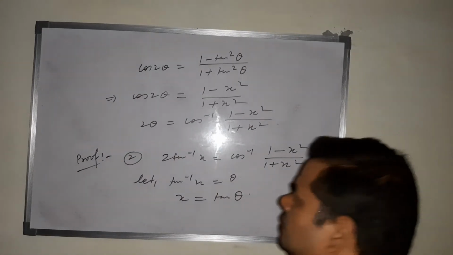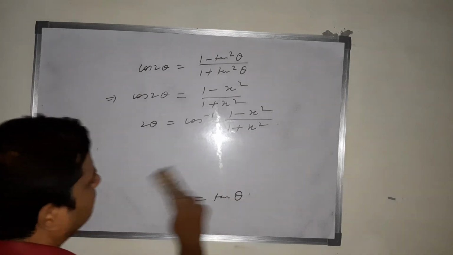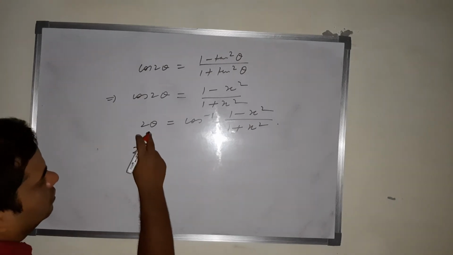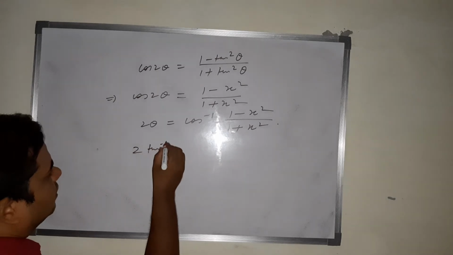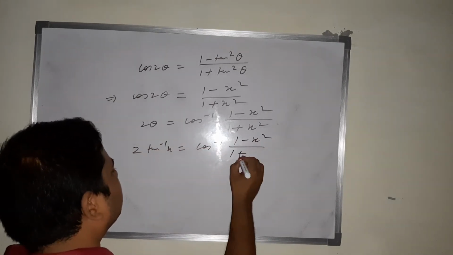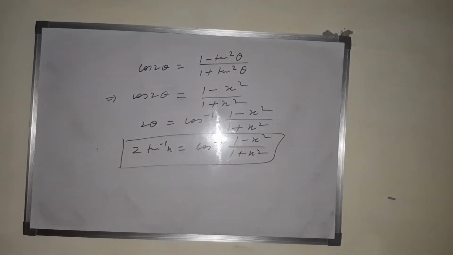So theta is what? Tan inverse x. So we can take 2 theta, that is 2 tan inverse x, equal to cos inverse of (1 minus x square) upon (1 plus x square). So this is the proof of the second one.